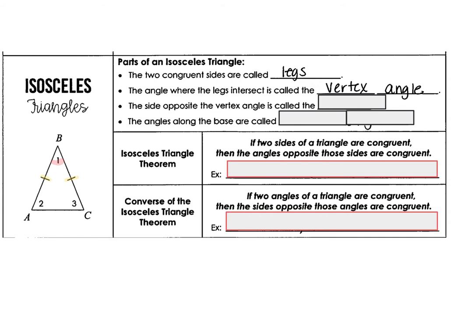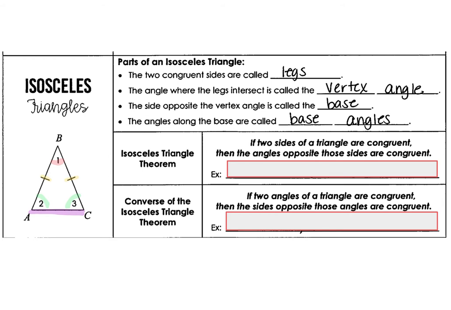The side opposite of the vertex angle is called the base of the isosceles triangle. And then those angles that make up the base are called the base angles.